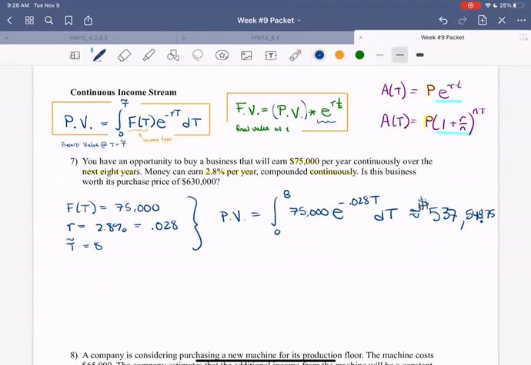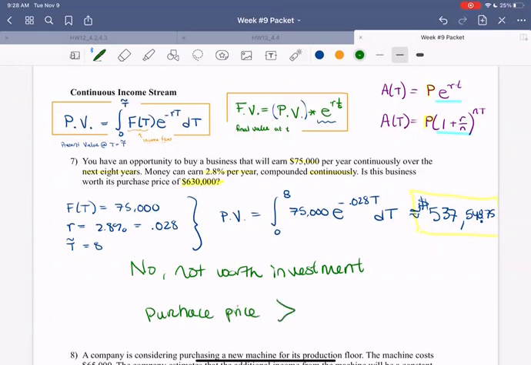So if we are being sold this business for $630,000, we see that the purchase price isn't worth that present value. We would say, no, this is not worth the investment, because the purchase price is greater than the present value.